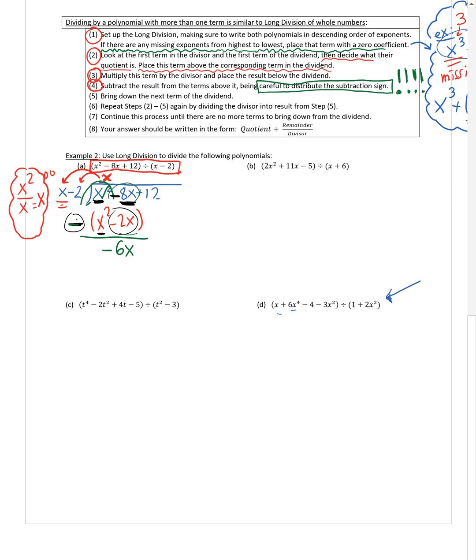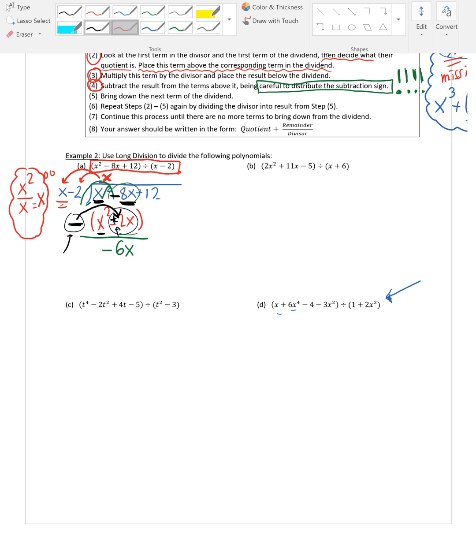You'd have to consider this minus outside and the negative inside. So if you can do all that in your head, negative 8x minus negative 2x, that's negative 8x plus 2x. So I really have to consider this sign and this sign together in one. So for me, I always distribute that minus sign, make this a plus so I don't mess up. But it's optional. You can always think about minus and negative and all that.